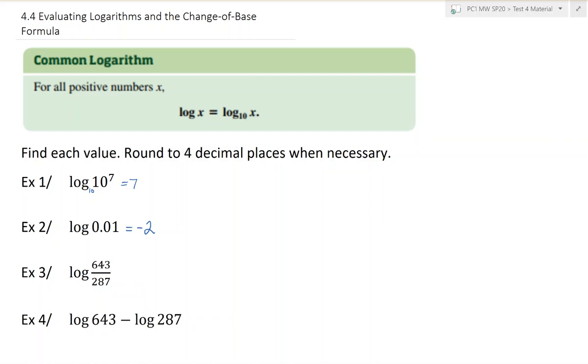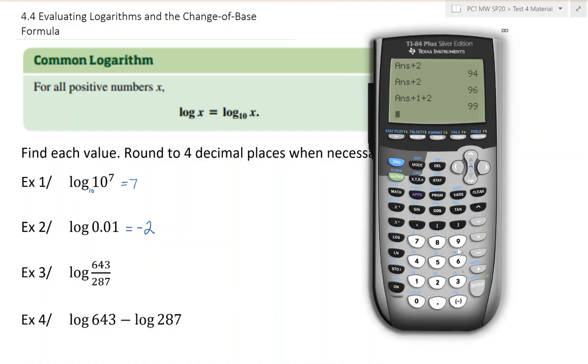Log of 643 divided by 287. These numbers are not in base 10, so you'll want to get your calculator and do that.